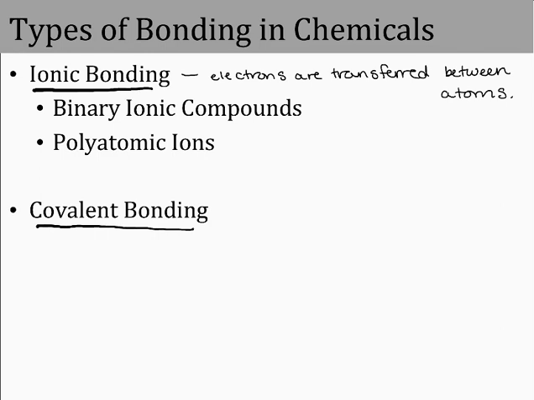So we're going to go over ionic bonding today, and then later on we'll go over covalent bonding. And in covalent bonding, electrons are shared between two atoms.